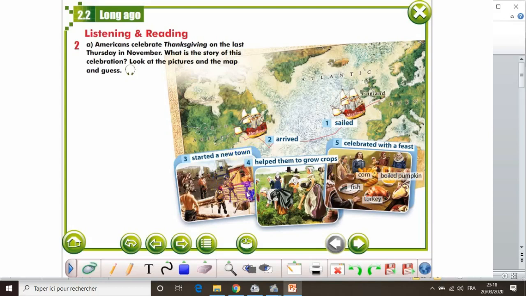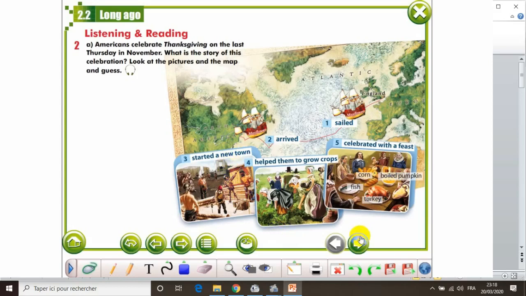This is the reality. They moved from England to North America to form a Plymouth colony. مستعمرة استعمروا هذه المنطقة in 1620.